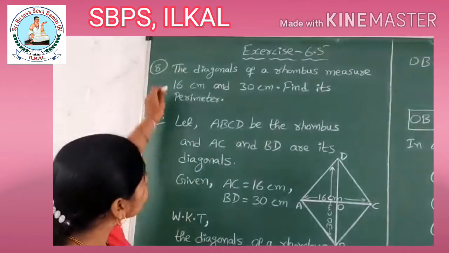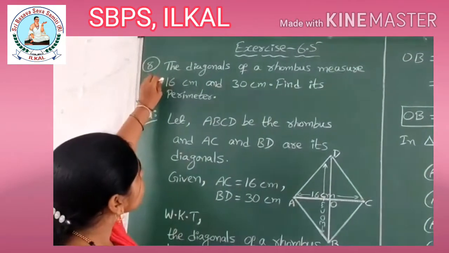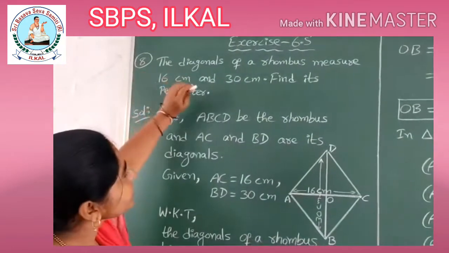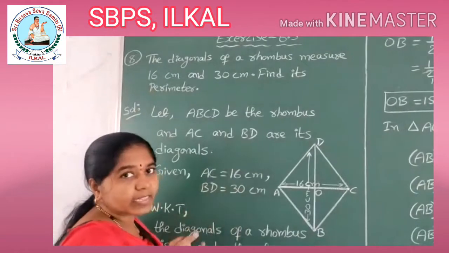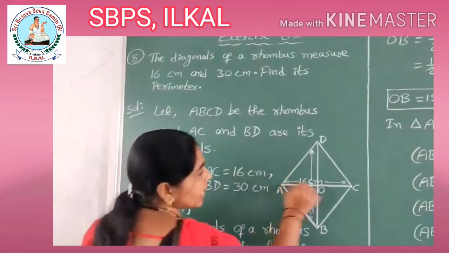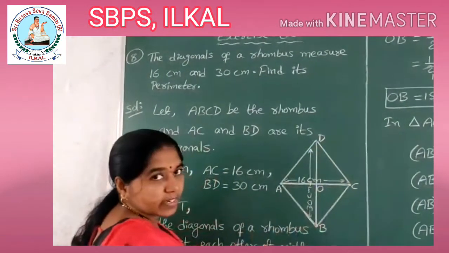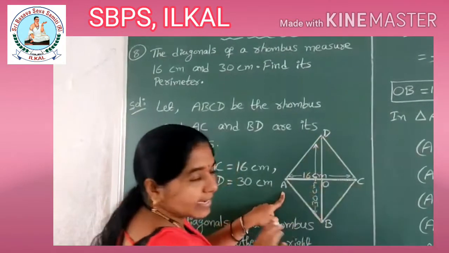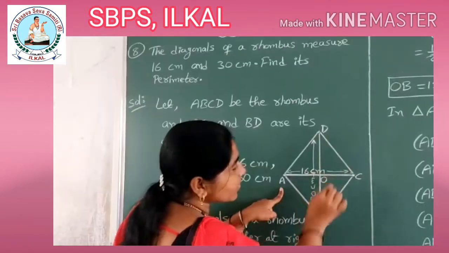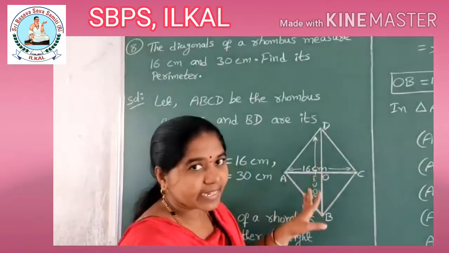Next question, children. The diagonals of the rhombus measure 16 cm and 30 cm. Find its perimeter. Children, a rhombus will have all the sides equal. Here diagonals are given, not any side. AC is equal to 16 and BD is equal to 30 cm, I considered. These diagonals will bisect each other exactly at right angles.